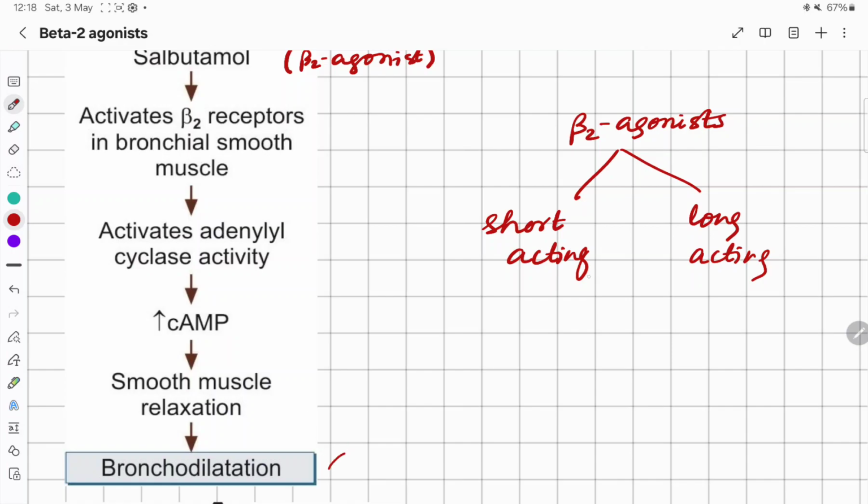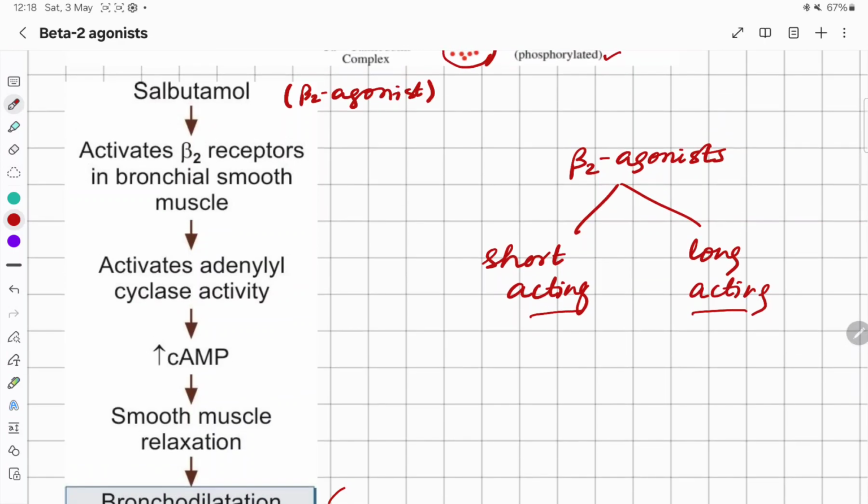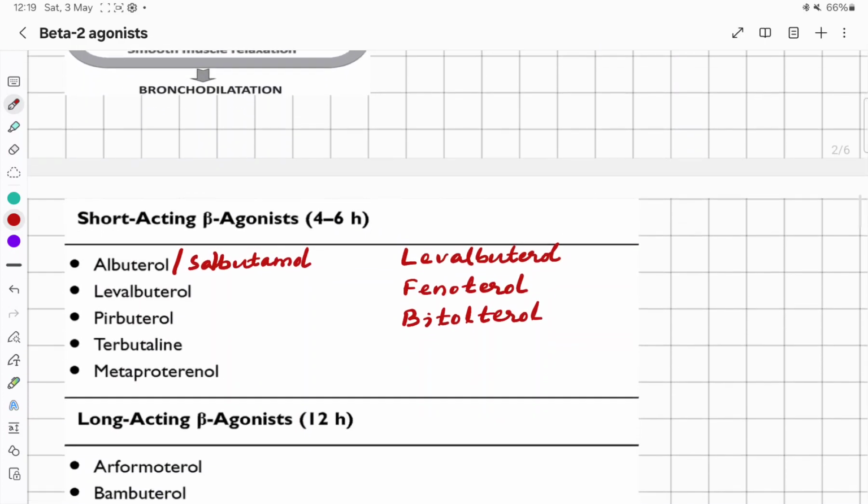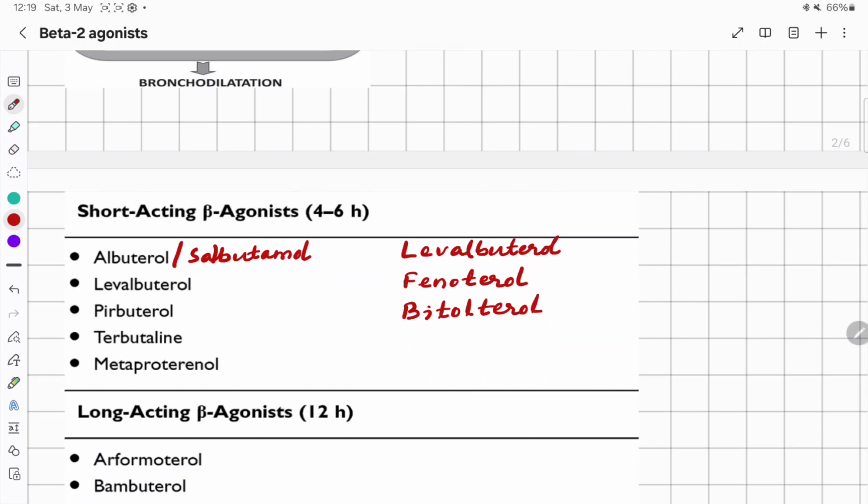Beta 2 agonists can be either short acting or long acting, and salbutamol is an example of a short acting beta 2 agonist. Other examples of short acting beta 2 agonists are albuterol, salbutamol is also known as albuterol, levalbuterol, pirbuterol, terbutaline, metaproterenol, fenoterol and bitolterol.